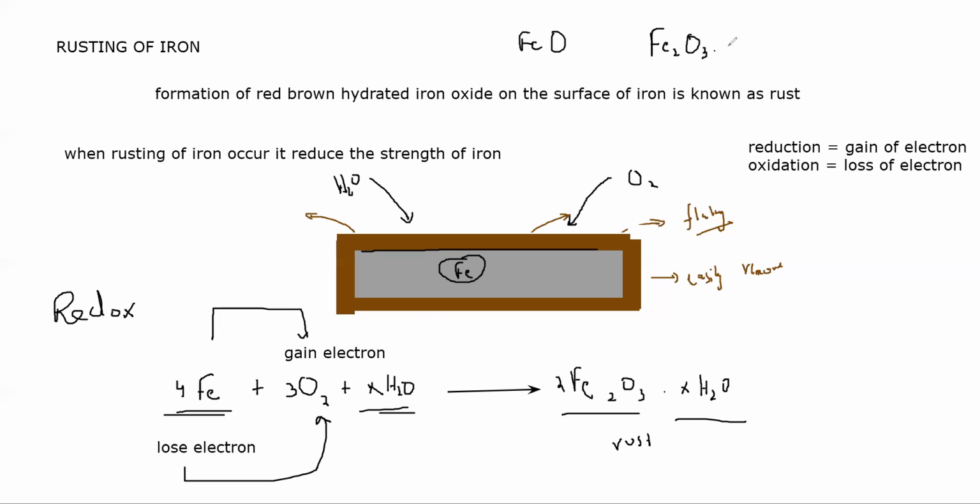Rust is iron oxide which also contains water molecules, xH2O. What is the meaning of x? x means it can be any number. It can have 5 water molecules, 10 water molecules, and when it is forming, it reduces the strength of the iron. Any doubt in this part?